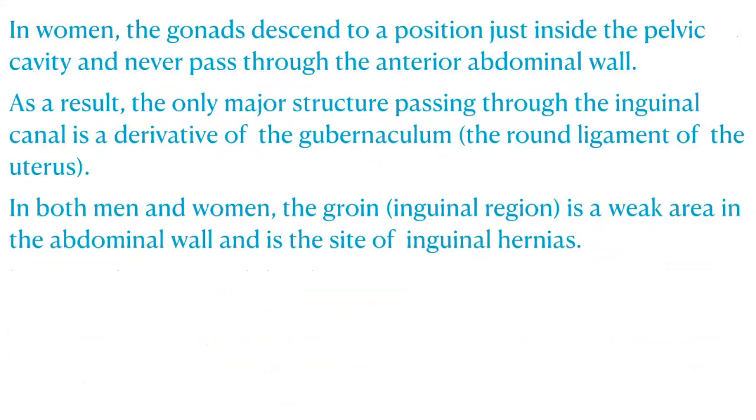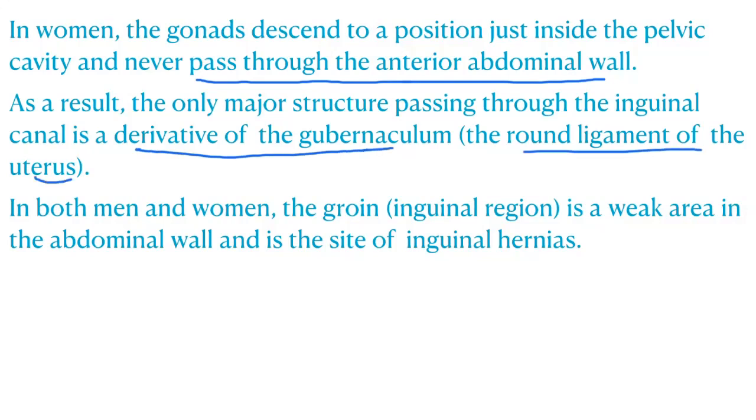In women, the gonads descend to a position just inside the pelvic cavity and never pass through the anterior abdominal wall. Remember that as a result, the only major structure passing through the inguinal canal is a derivative of the gubernaculum, that is the round ligament of the uterus. So the gonads in women don't cross the anterior abdominal wall.